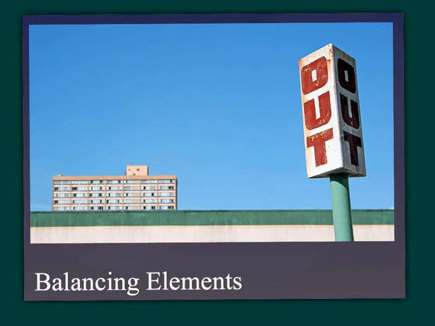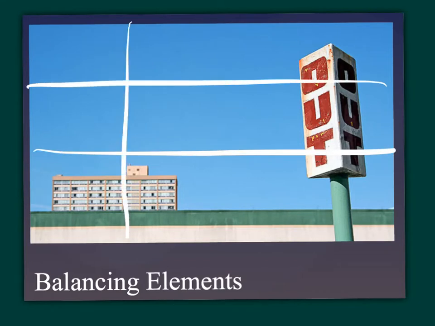Balancing elements essentially takes the rule of thirds concept and talks about how it balances within that rule of thirds. So if you imagine again that you have the rule of thirds right here, that's pretty good. Then you notice that this is over on the rightmost area, and this is over on the leftmost area.